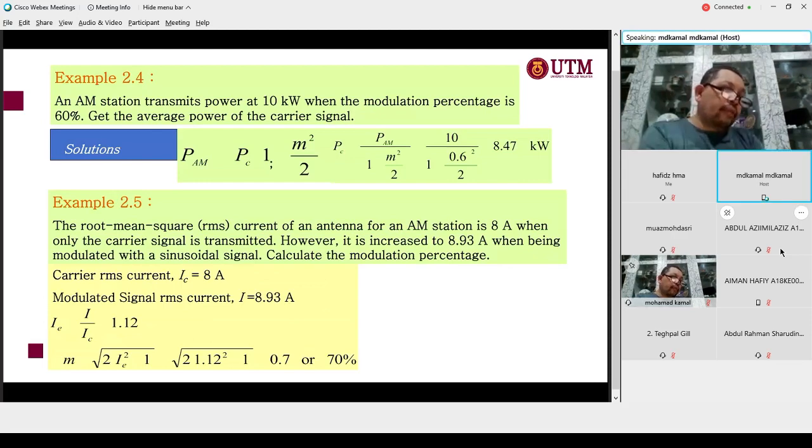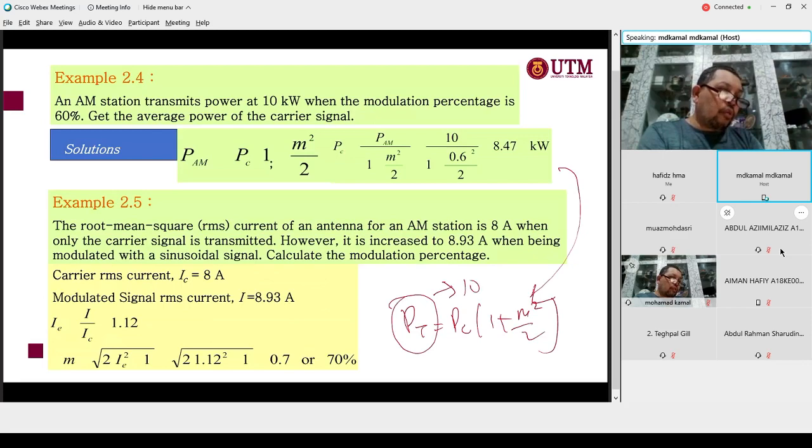So you can have in terms of PC, P total is equal to PC times 1 plus M squared over 2. So P total is given as 10 kilowatt. M is given as 0.6. So if you do the calculations, you find out PC actually is 8.47 kilowatt.